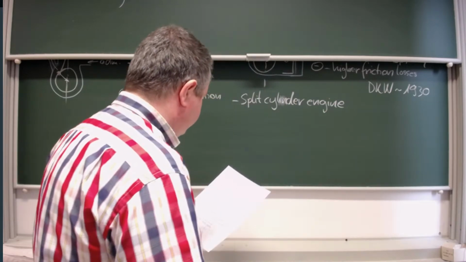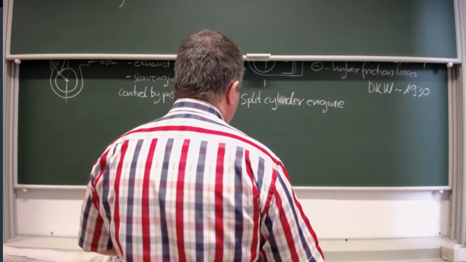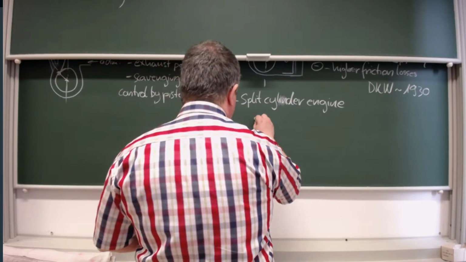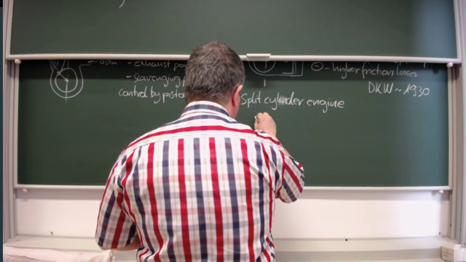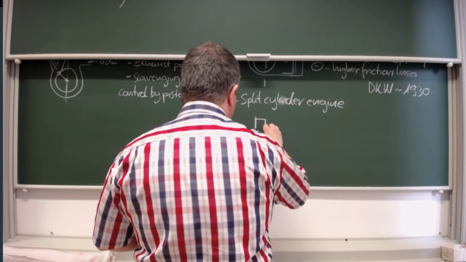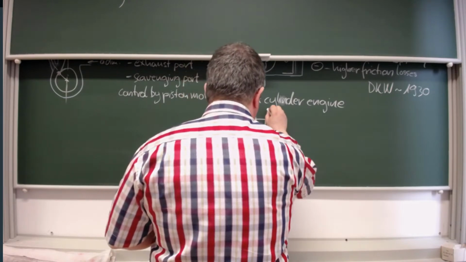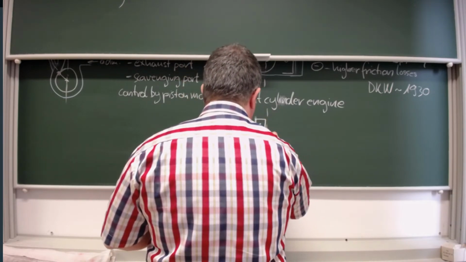How does it look? It looks quite strange actually. You get one cylinder and one piston, which is of small diameter. You get somewhere here a crankshaft.